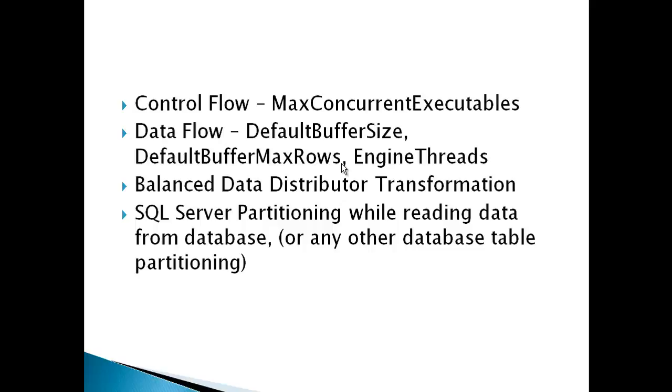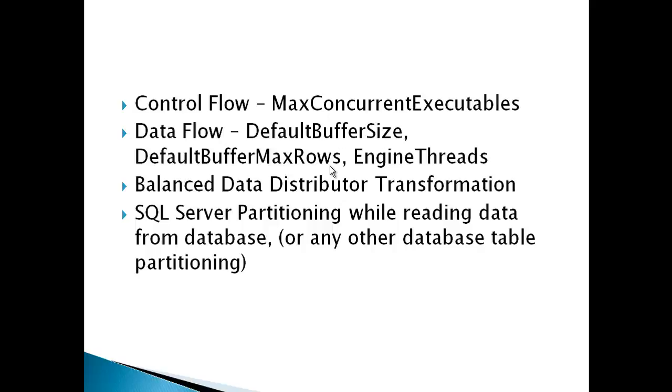This will indicate the amount of memory that will be used by the data flow task. So if we have a constraint on memory being used by the data flow task, then we can increase the amount of memory available to it using default buffer size and default buffer max rows.